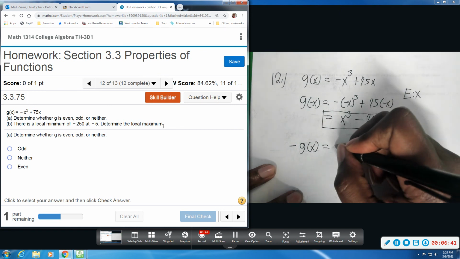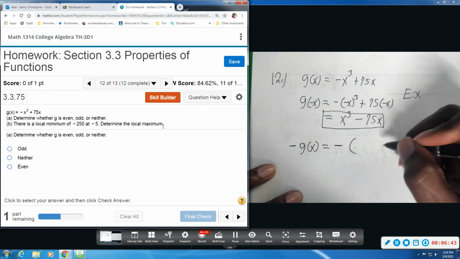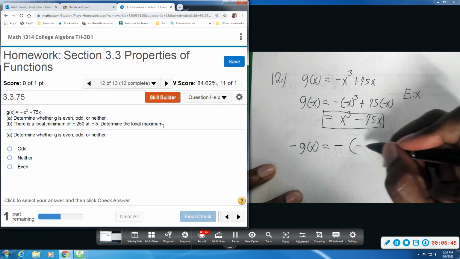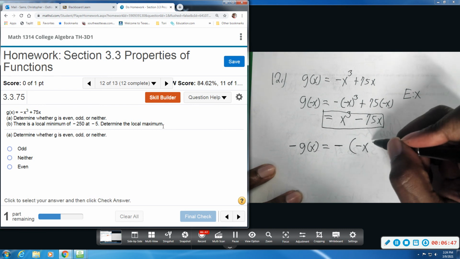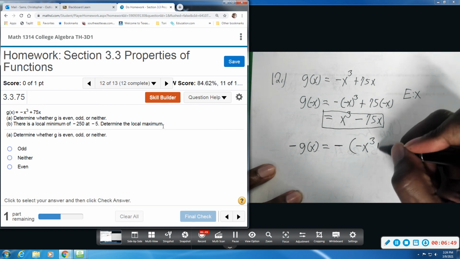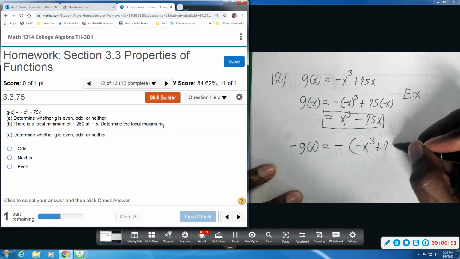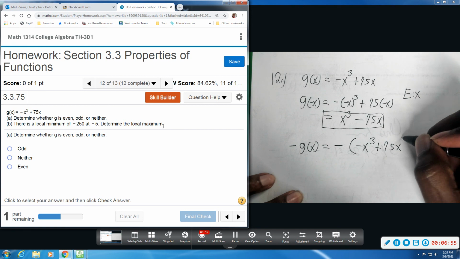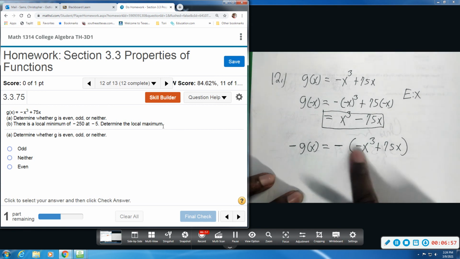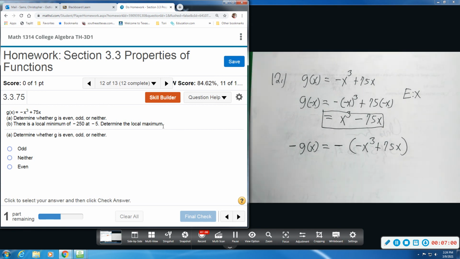Negative g of x just means we're going to put a negative on the outside and distribute a negative to our original problem. x cubed plus 75x. All right, so we would distribute this negative through.